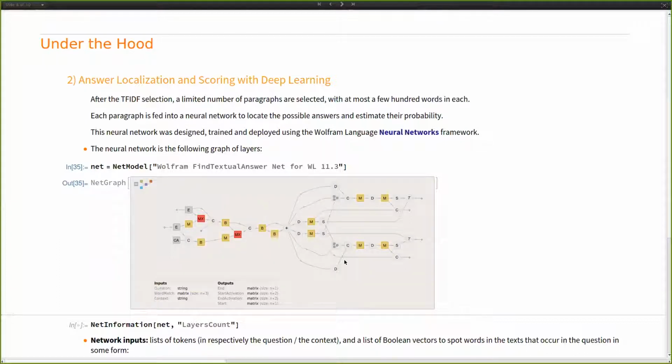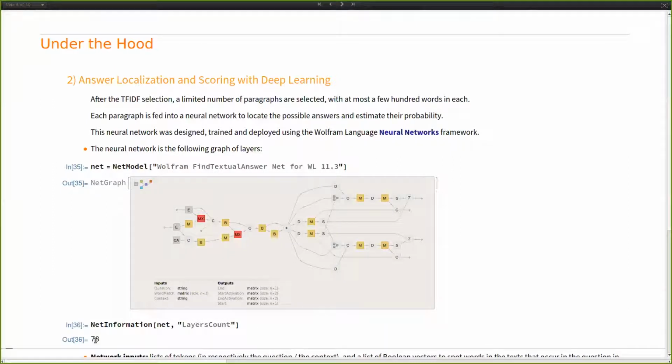This is a graph of layers that corresponds to the network. In total we have 78 layers. Each layer is like a function that takes as input a tensor, so either a vector, a matrix, a list of matrices or a tensor of higher rank, and also outputs a tensor.